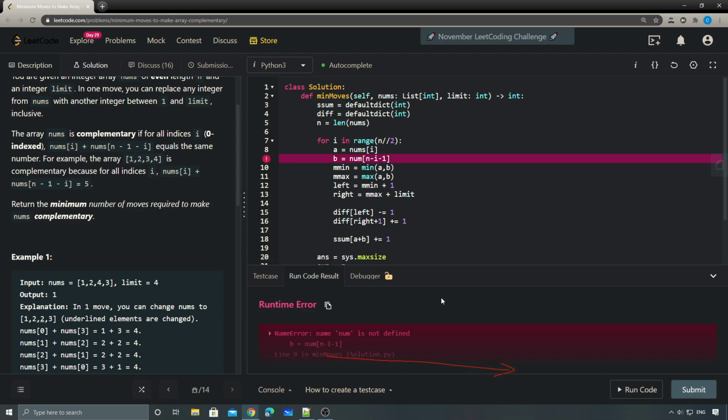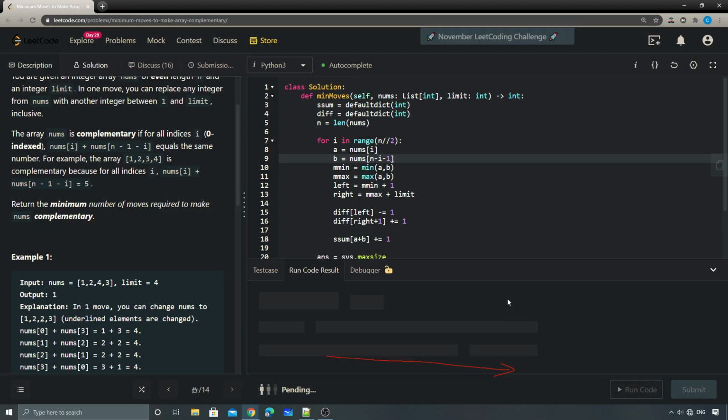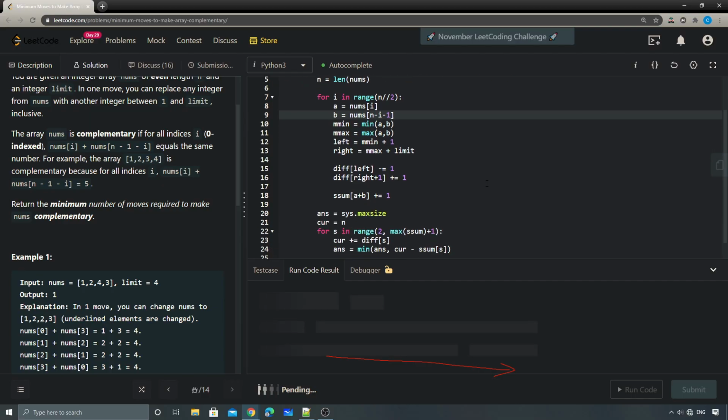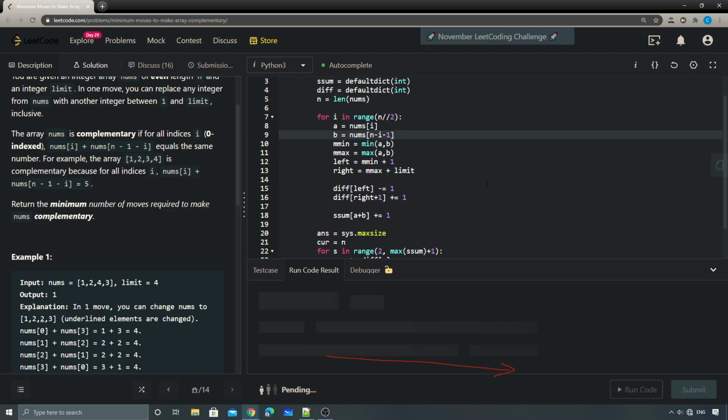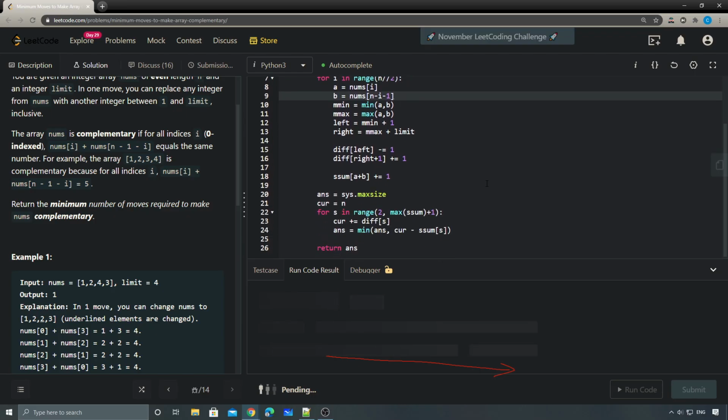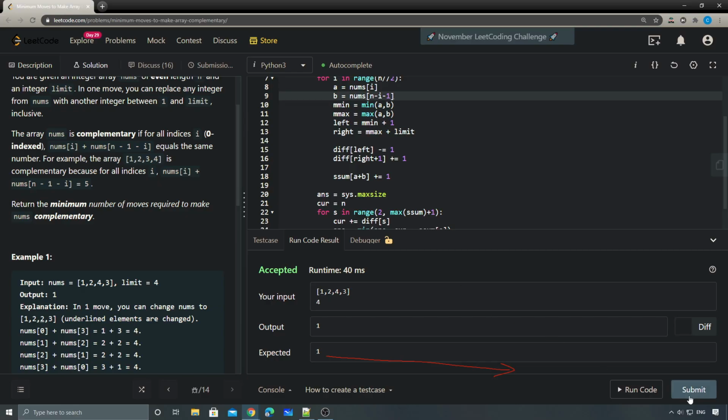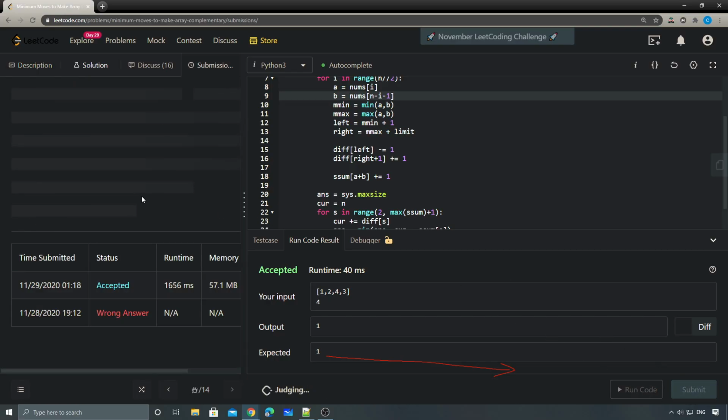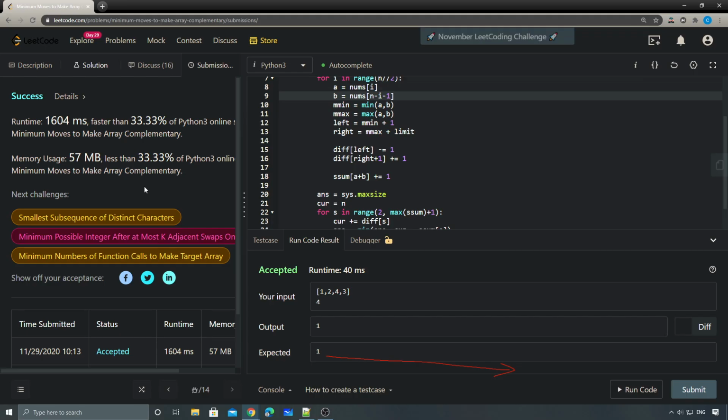And then if I do a sum here, okay, nums. Hmm, why is it taking so long? All right, accept it, submit. All right, so it's accepted.